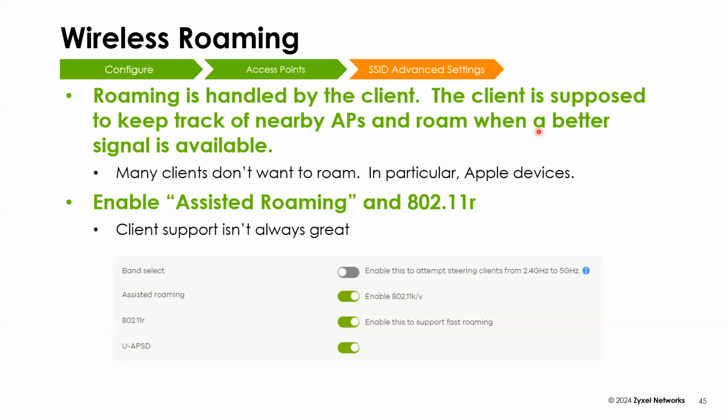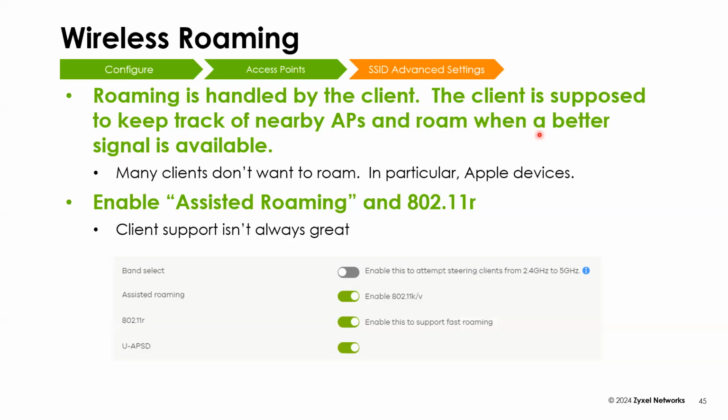Because of that, it's very possible to have 4 or 5 bars of signal showing on your client device, but the signal from your client device can't make it back to the access point. Your client won't know that the AP isn't seeing that signal, so it thinks it's just fine staying where it is. There are some tools in Nebula you can enable which help reduce this sort of issue.